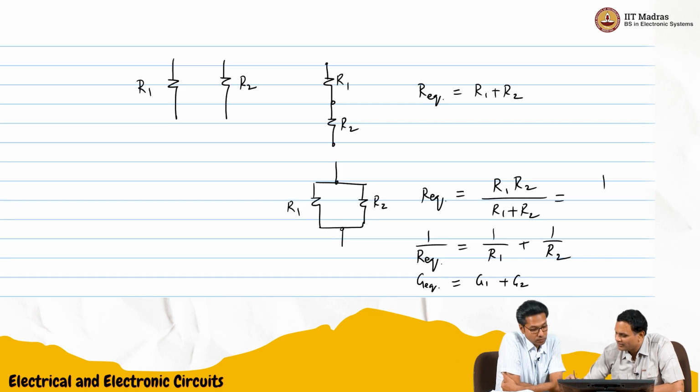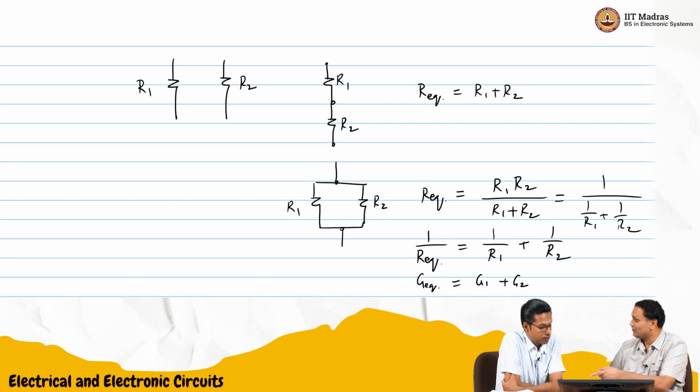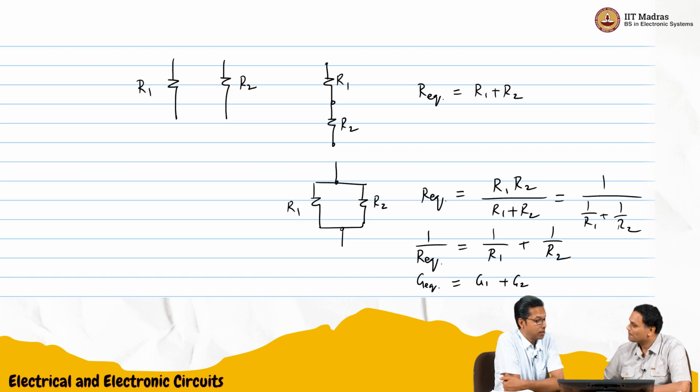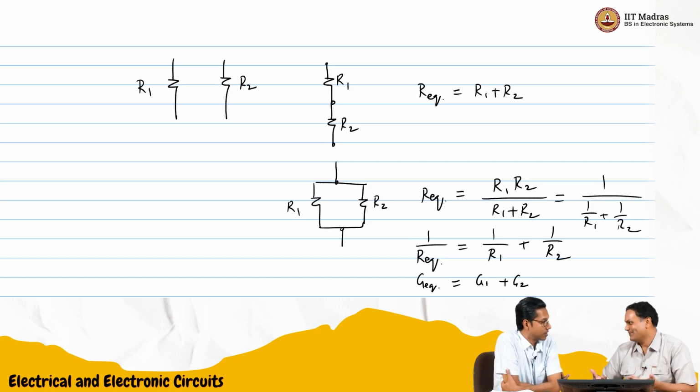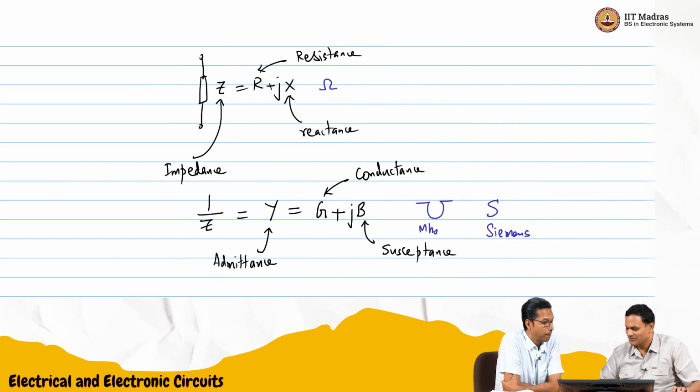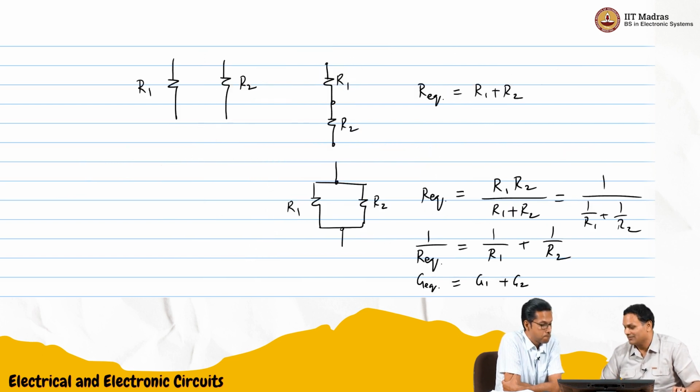Because this would have been written as 1 over R1 plus 1 over R2. When you solve the equations, that's what it gives us. We kind of simplified to this and started using this. So generally, if we have parallel circuits, admittance is very easy. You will see the same thing for admittance as well. If you have G plus jB form, it will be very useful if you have them in parallel.